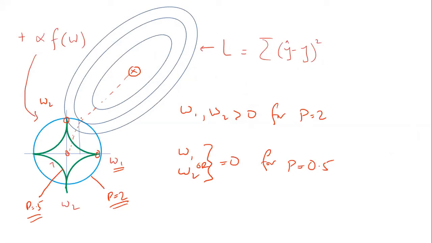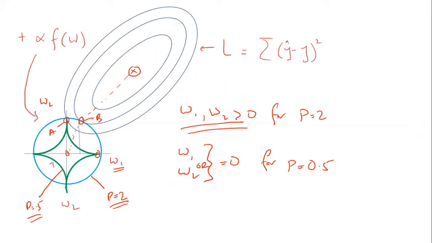So let's say you find the optimal solution over here. Let's say this is point A and this is point B. Can people see why the solution for P equal to 2 is probably going to be where these are not necessarily 0?